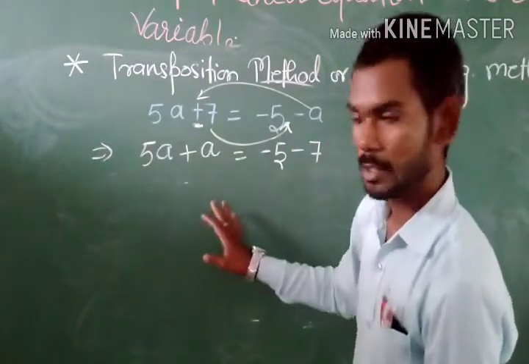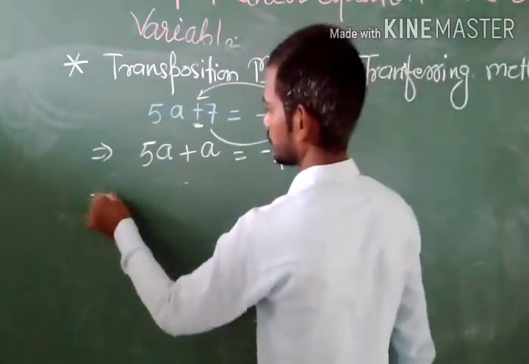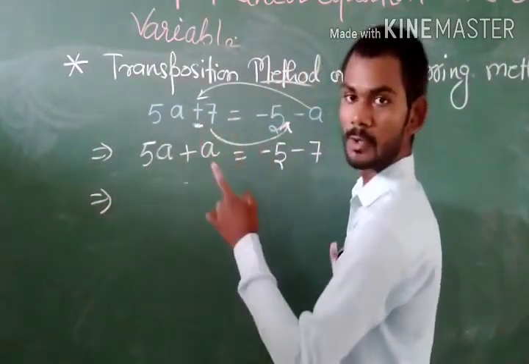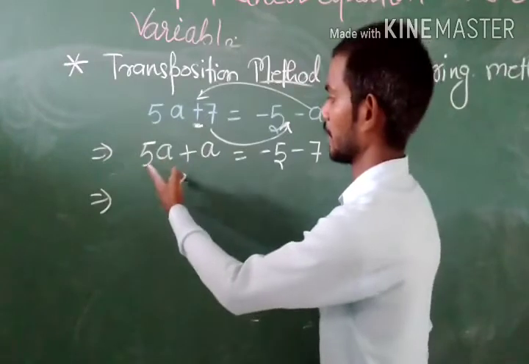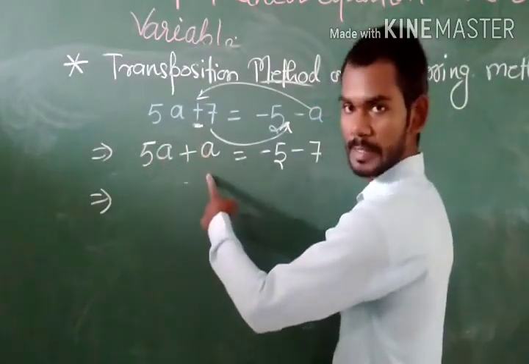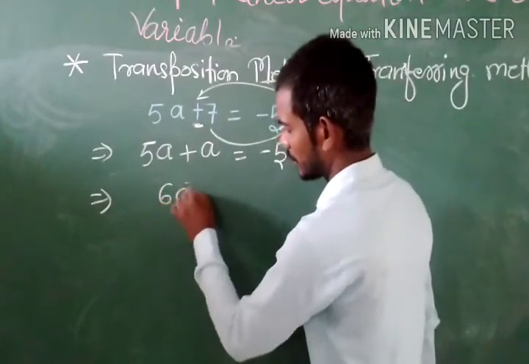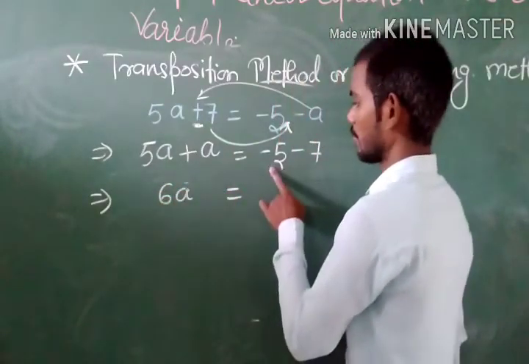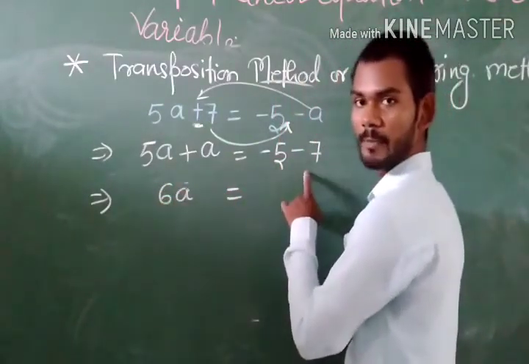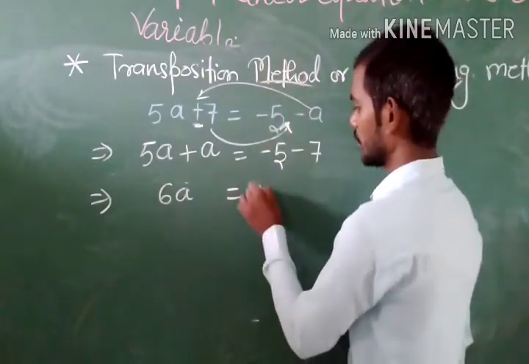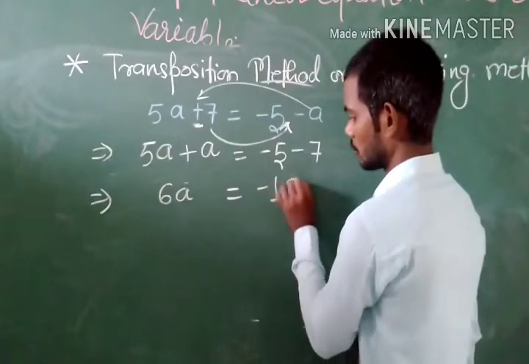Is that clear? Now in the next step, both quantities are positive, so they are added. 5a plus a is equal to 6a, and this is equal to minus 5 minus 7, they also get added with negative sign, this gives minus 12.